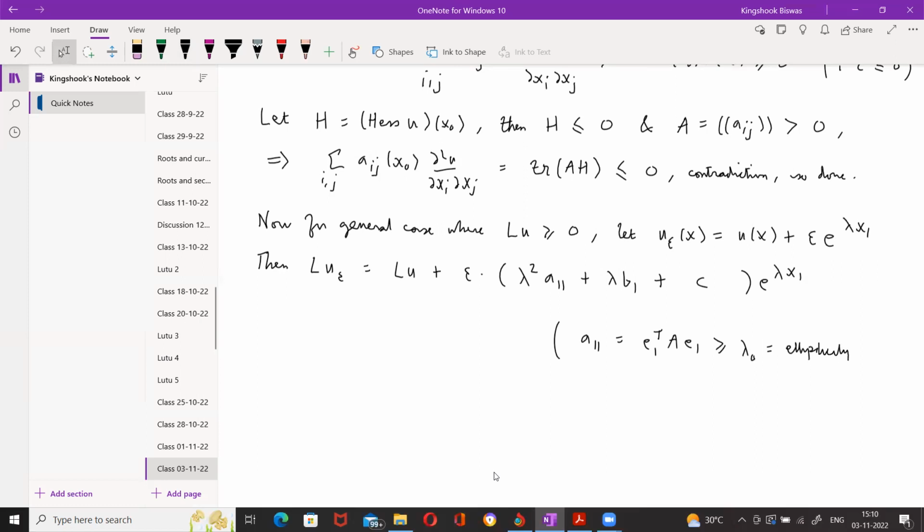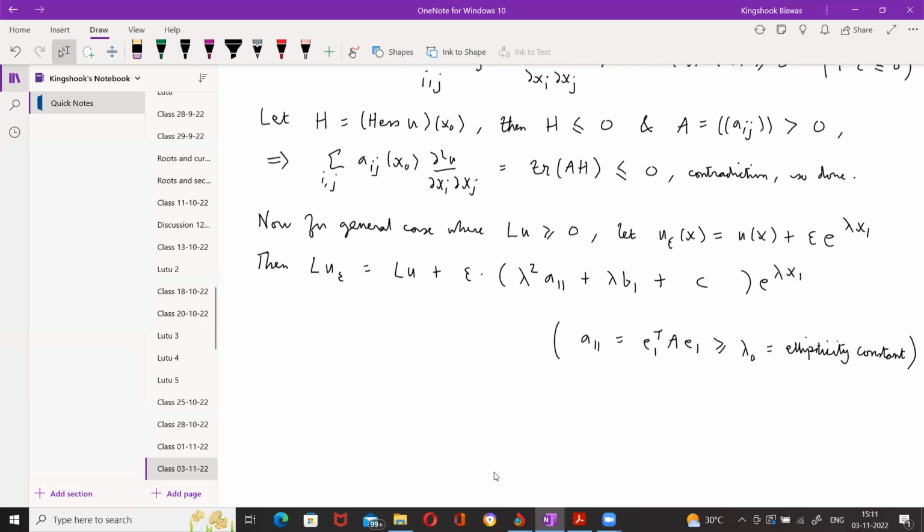Ellipticity means this quadratic form is greater than or equal to lambda naught for all unit vectors, right? In particular, A11 is greater than or equal to lambda naught, right?